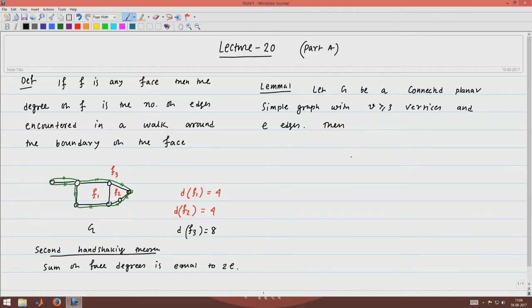Then this is true: the number of edges is less than or equal to 3V minus 6.